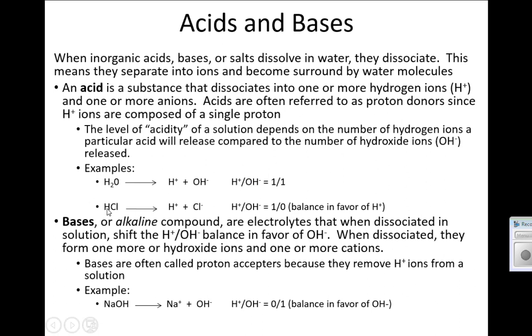Anybody know what HCl is best known as? Hydrochloric acid, actually. There's a good guess. We call it hydrochloric acid because guess what? It's an acid. A hydrogen ion and a chloride ion are formed when it dissociates. Well, there's 1 hydrogen ion, but there's no hydroxides. So since it's balanced towards the hydrogen ion, we could describe hydrochloric acid as an acid.